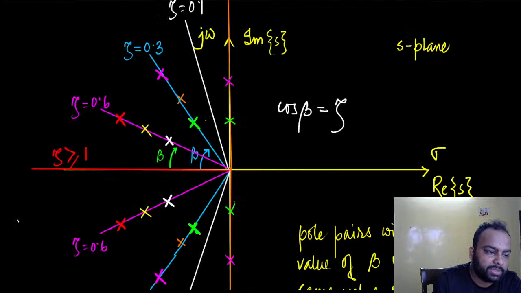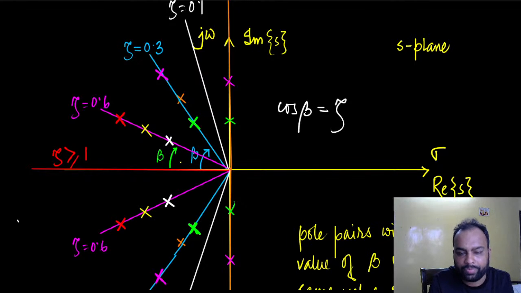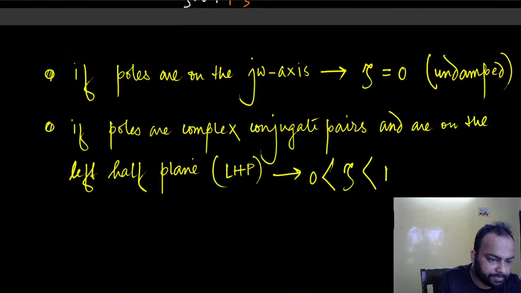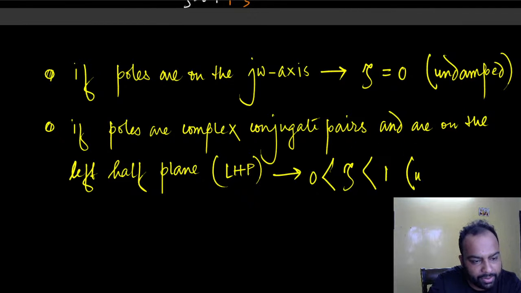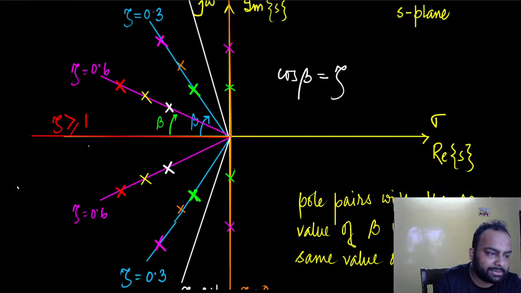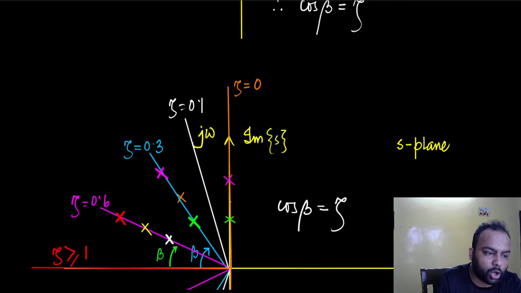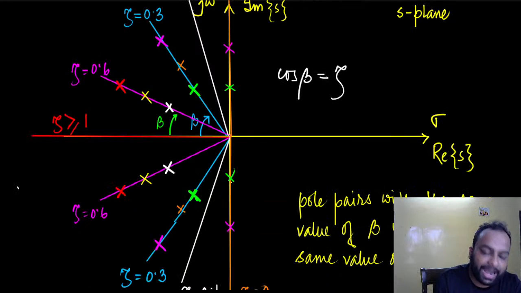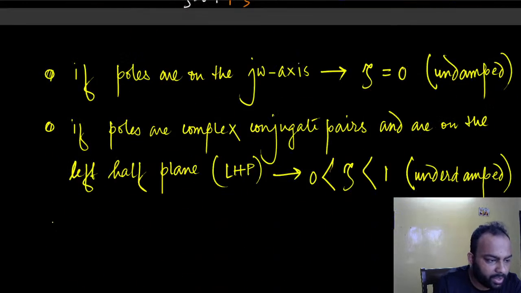So essentially, depending on which line they are on, so depending on the value of beta, it will determine the damping ratio. All right, so this is underdamped. All these lines denote underdamping. So poles anywhere here would denote underdamped systems. So poles on the j omega axis would denote undamped systems, right?